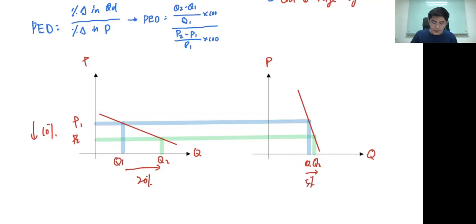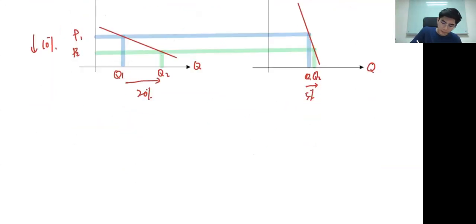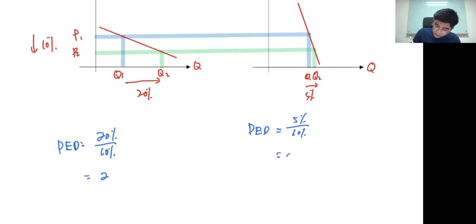So when we substitute into the formula, PED equals the percentage change in quantity demanded, 20% over 10%, and you get 2. For this one, PED equals 5% over 10%, and you get 0.5. And voila, this is how you do the calculation.